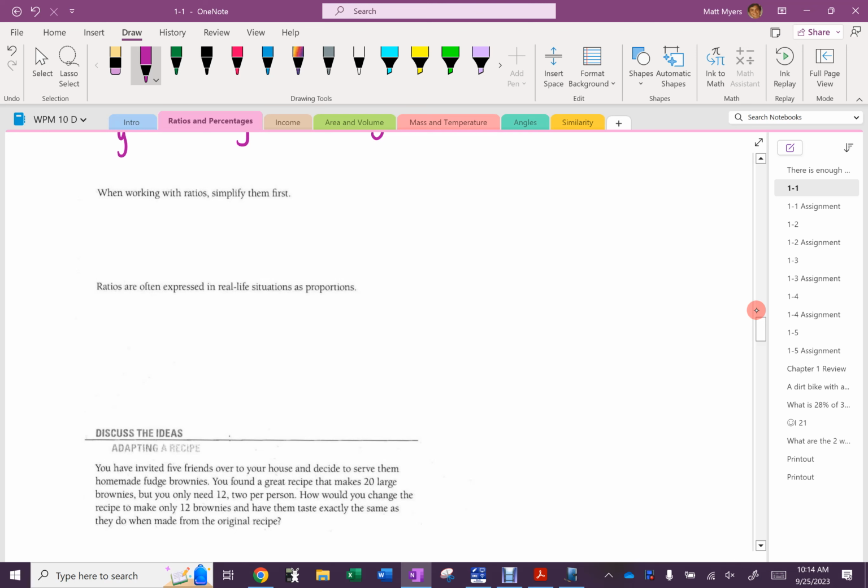However many kids are here. That might simplify. But if you're just saying the ratio, you don't want to simplify it. But when you're working with ratios, you do want to simplify them. Does everybody follow me? The ratio itself stays true. But when you're going to do some math with it, you want to do math with smaller numbers, don't you?